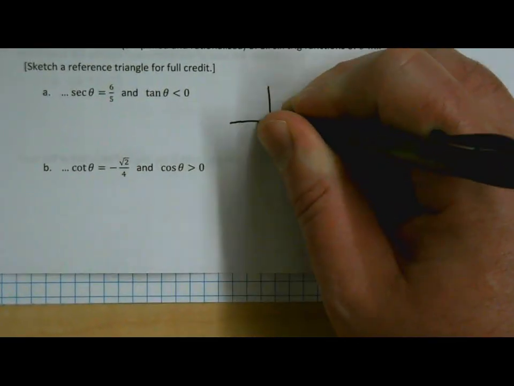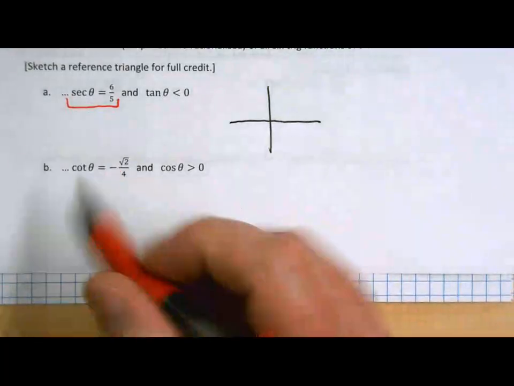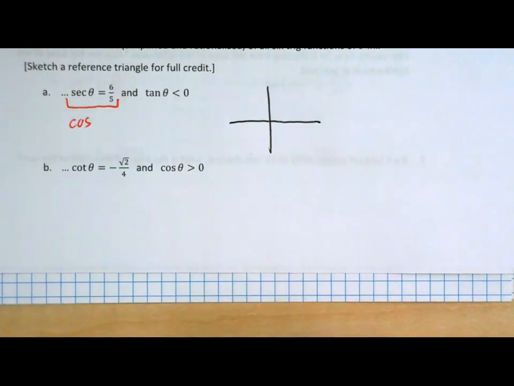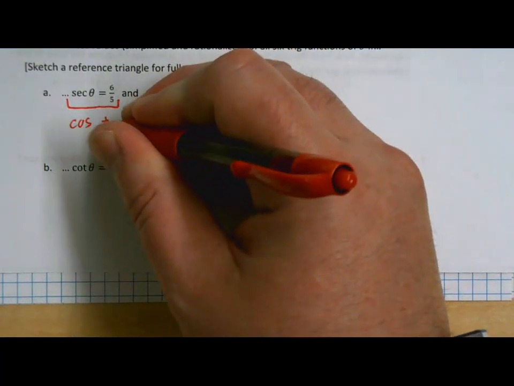All right, so we need to make a reference triangle, but we've got to get it in the correct quadrant. So the first order of business is to find clues about which quadrant to draw a reference triangle in. Secant is related to cosine, and secant is positive, therefore cosine is positive.